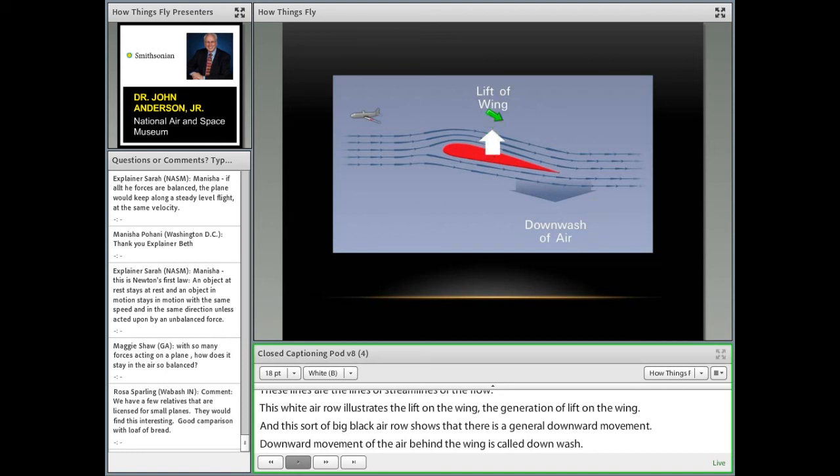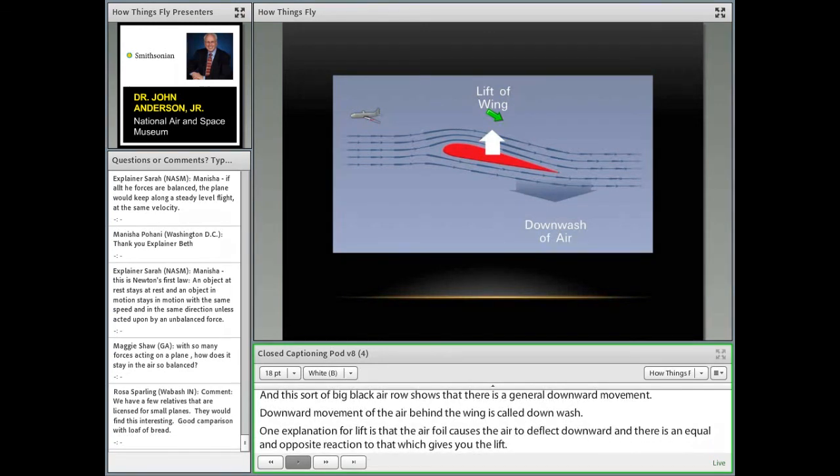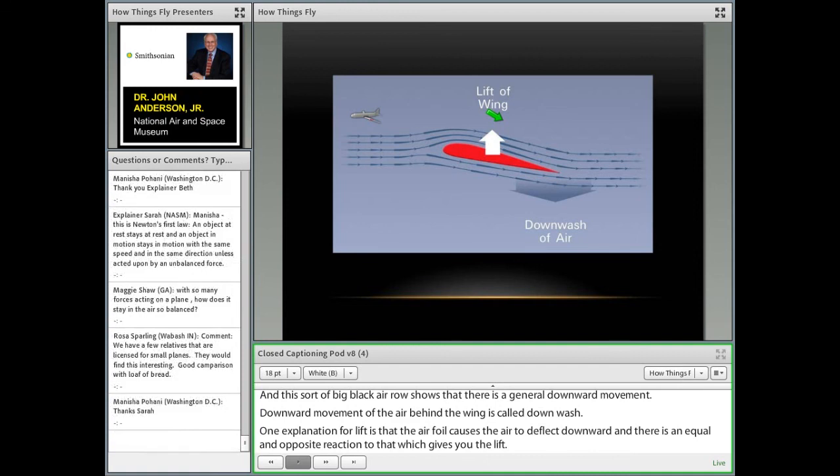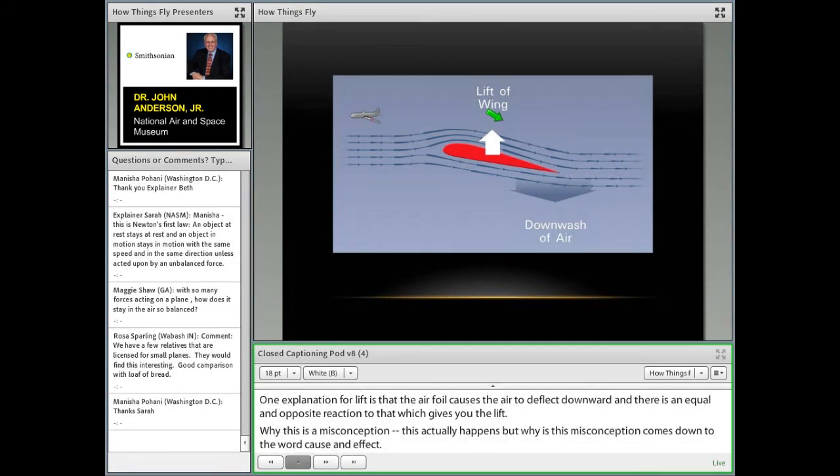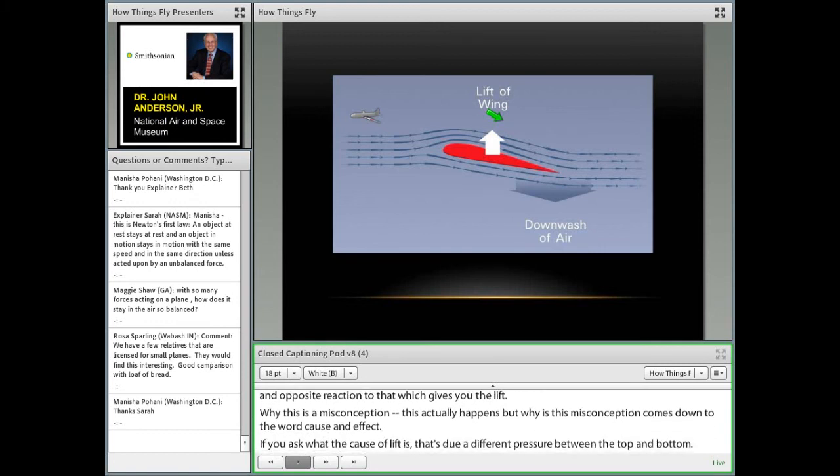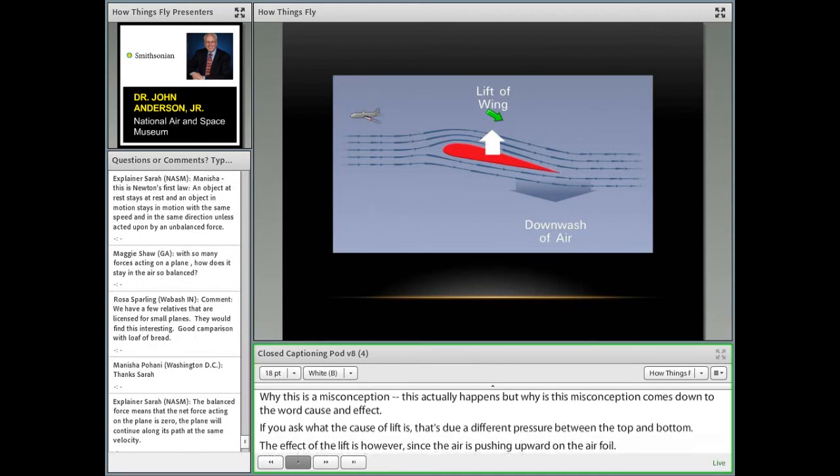Why this is a misconception, I mean, this happens, but why it is a misconception comes down to the words cause and effect. If you ask what the cause of lift is, that's due to a difference in pressure between the top and bottom surfaces. The effect of the generation of lift, however, is that since the air is pushing upward on the airfoil, the airfoil pushes downward on the air and causes the air to flow downward.